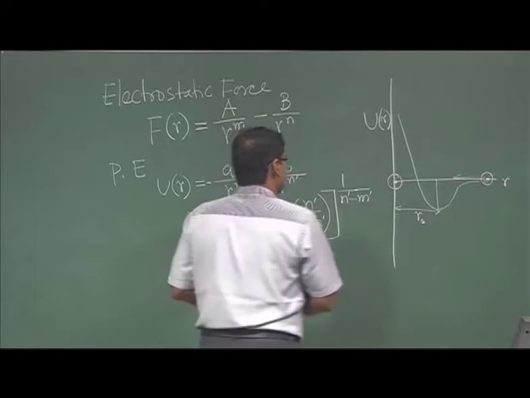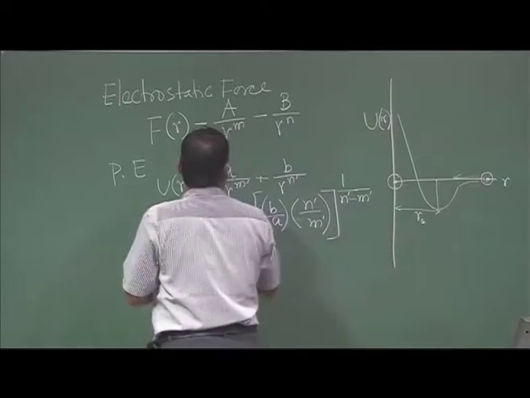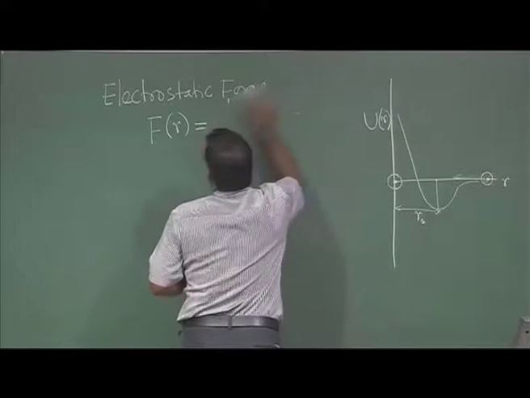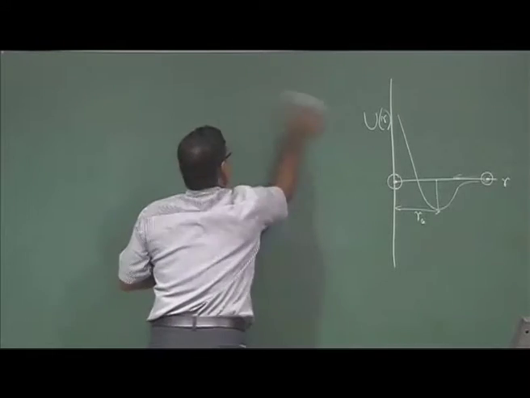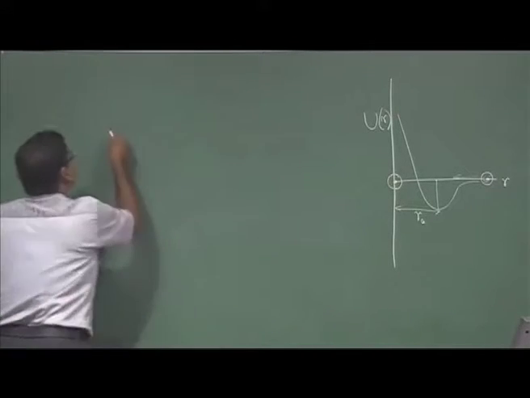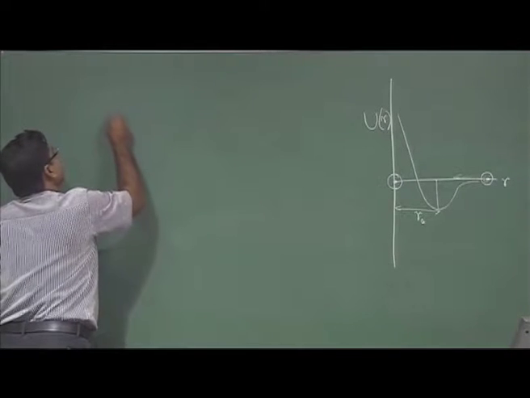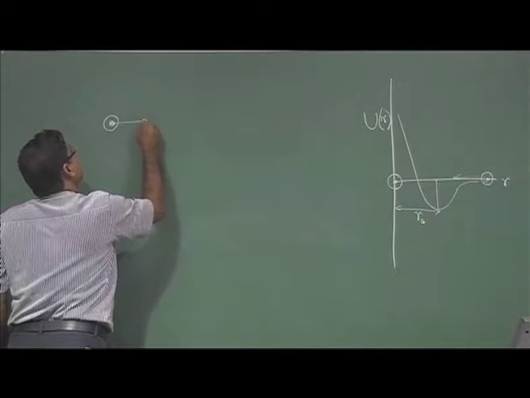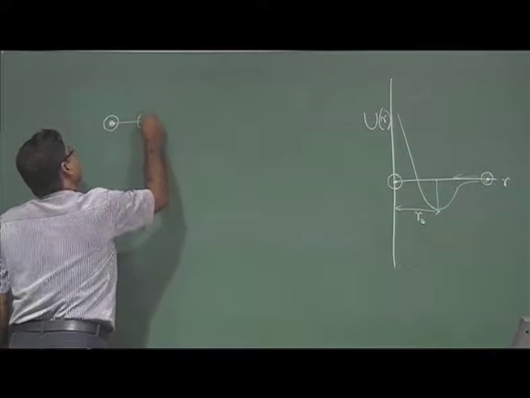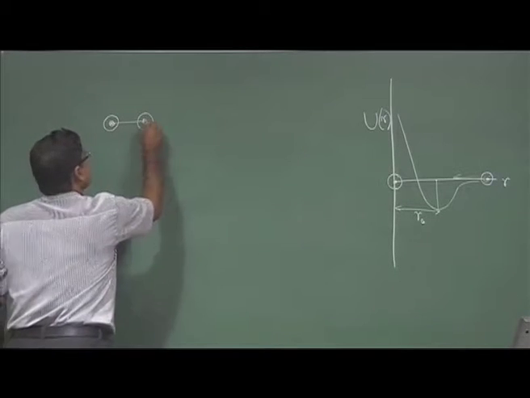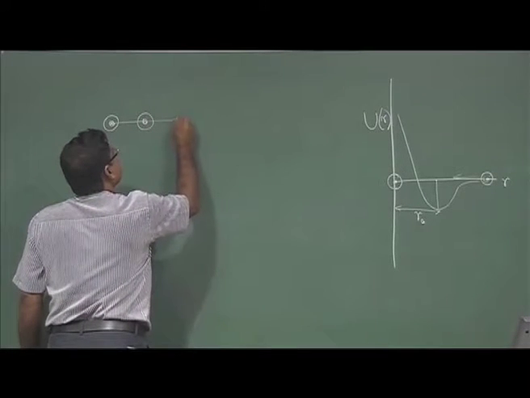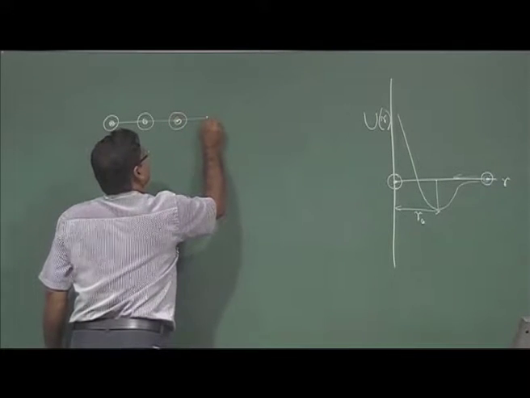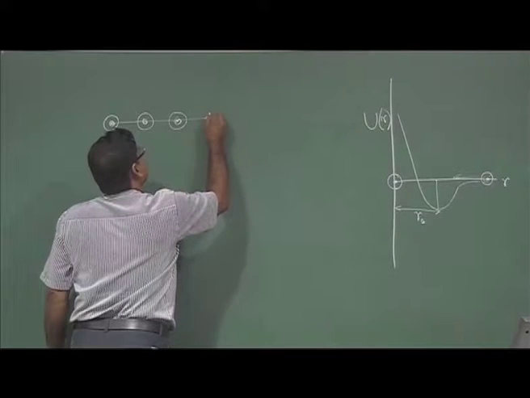So, thus the atoms in a crystal or solid, they will arrange keeping the equilibrium distance. So, next atom will come here, next will come here.